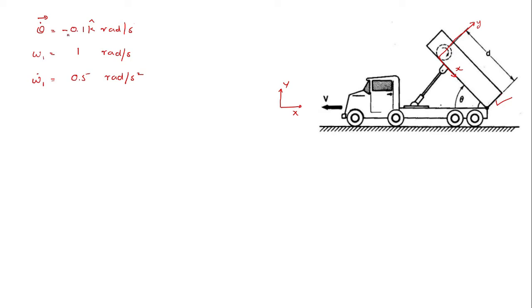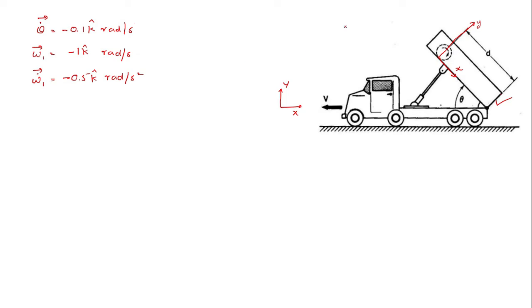And then omega 1 vector, you see in this figure, also undergoes angular rotation in the clockwise direction. So I can write this as minus 1 k cap, and omega 1 dot vector will also be in the clockwise direction, so minus 0.5 k cap. So these are the corresponding vector formats of the data given in the question.